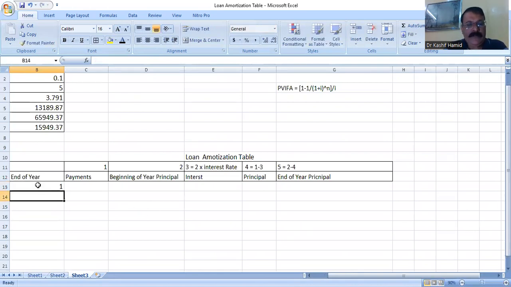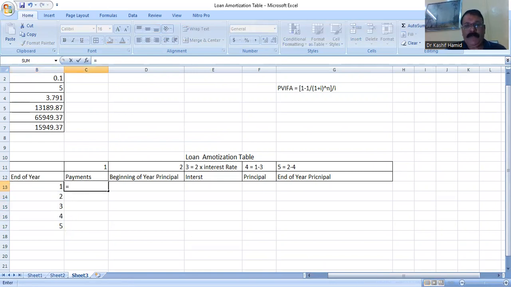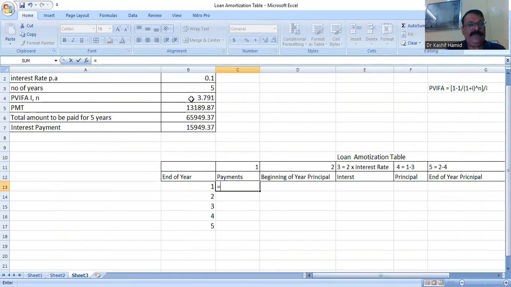It's 1, 2, 3, and we can get these values. We can stretch it up to 5, up to the number of years. Payment is equal to the payment column that we have computed here, that is 13,000. So it will be fixed for each year.